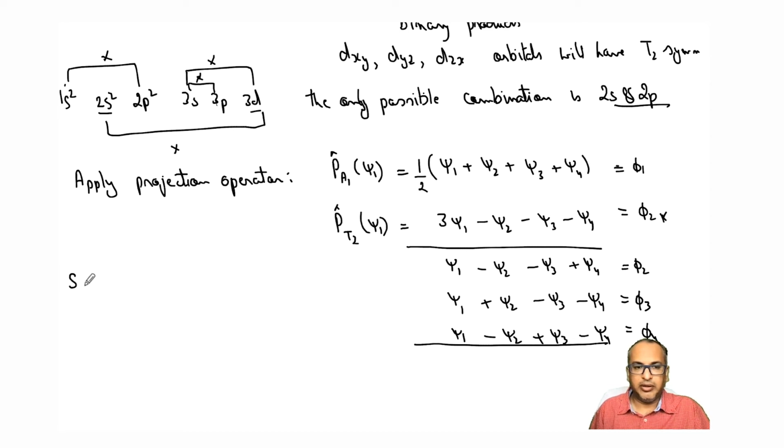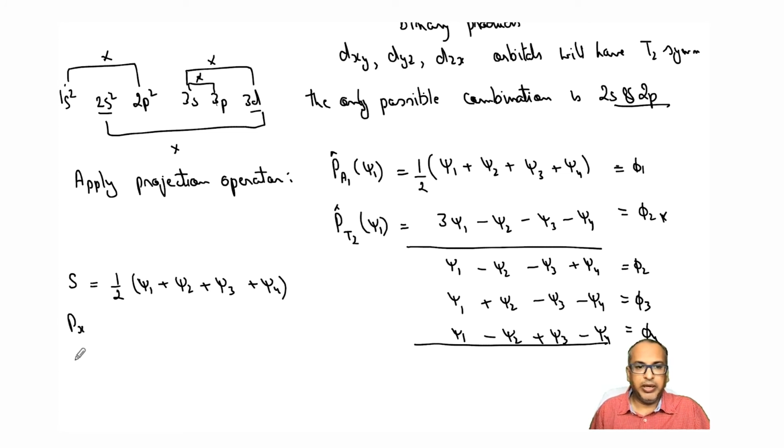So I can equate the symmetry and say that this is my half psi1 plus psi2 plus psi3 plus psi4, right?